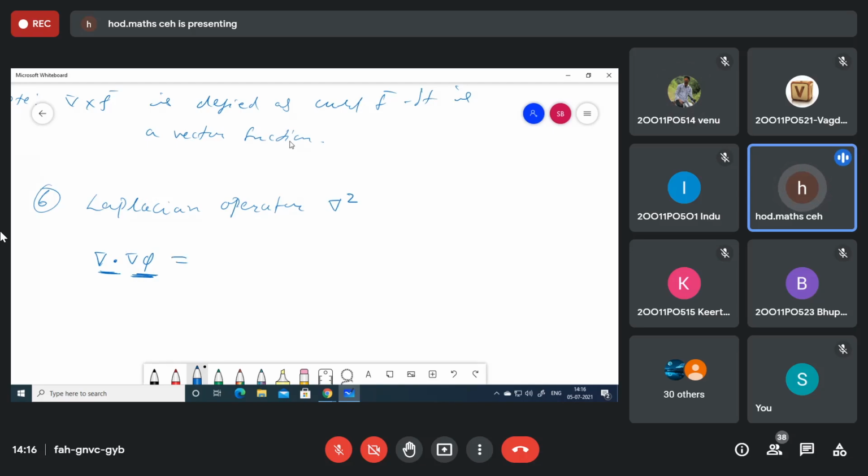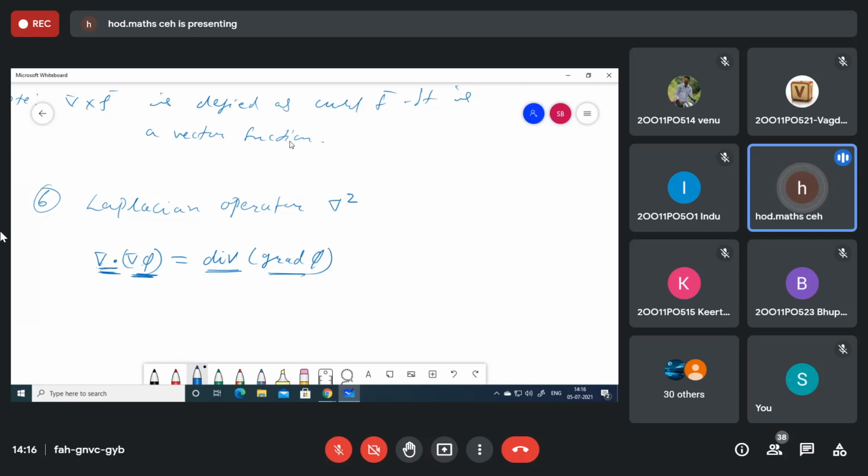That means this del dot del phi is nothing but divergence of gradient of phi. Can I write it or not? Yes, ma'am. Okay, del dot means divergence. Del phi means gradient of phi. So this is what I am calculating.